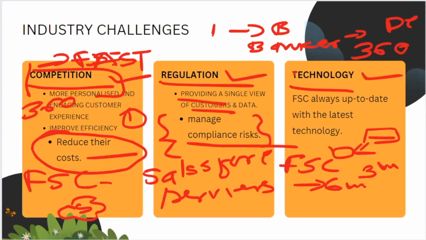But if they are using FSC, all the latest updates are automatically included in their org also. So they don't have to maintain or create anything by themselves. They just get the auto update on their org. So this is how Financial Service Cloud can solve the competition, regulation, and technology problems. So this is all about the industry challenges.